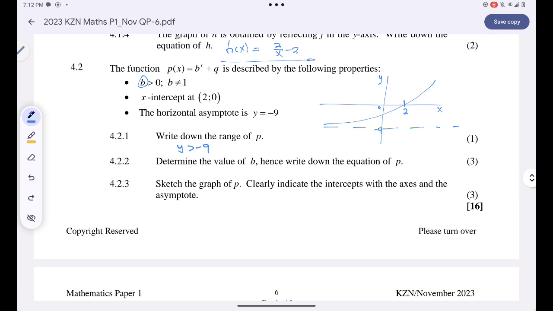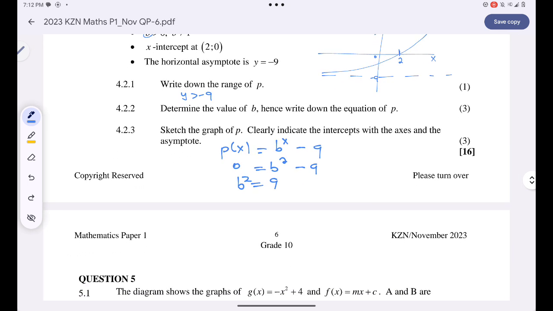Okay, how can I determine the value of b? Remember that p of x is equal to b to the power of x minus 9. I'm given a point there. I know that y is 0 whenever x is equal to 2. So b squared minus 9 is equal to 0. Take the 9 to the other side, I'll have b squared being equal to 9.